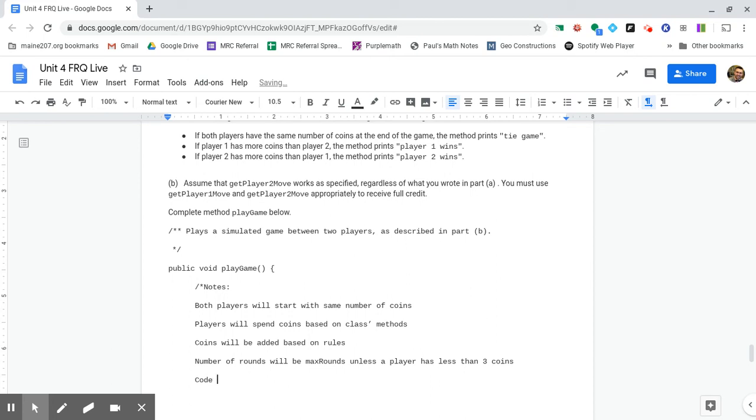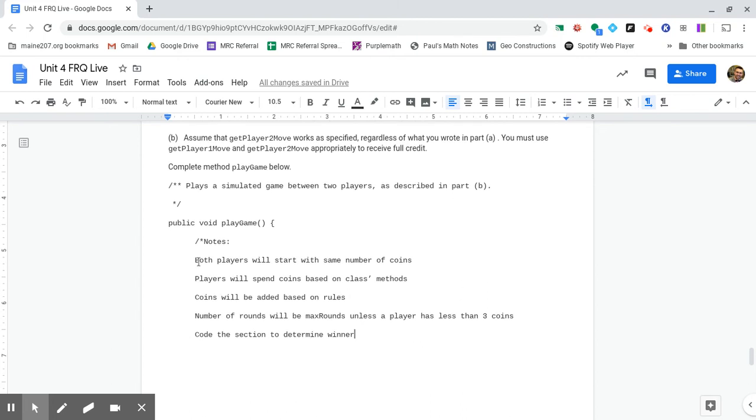So we have to code to determine the winner. For me, this is fairly straightforward. We can do that in a second here. Spending coins, we might have to talk a little bit about that. Coins we will definitely have to code based off of the information at the beginning of the problem.